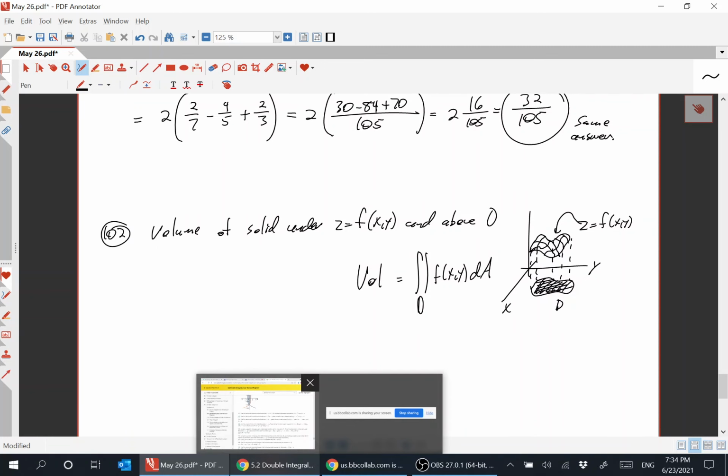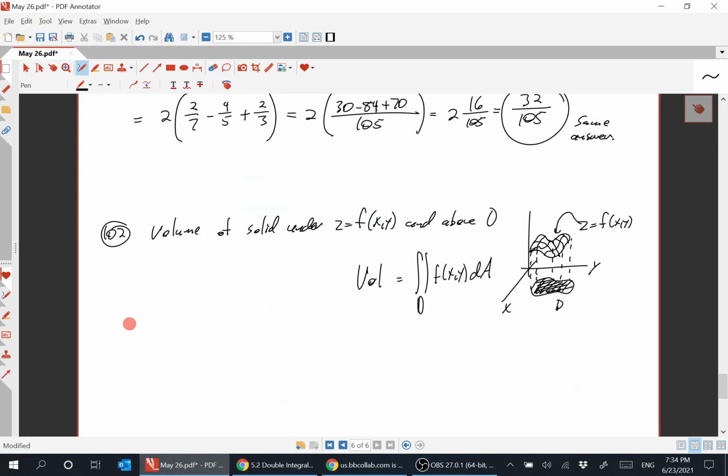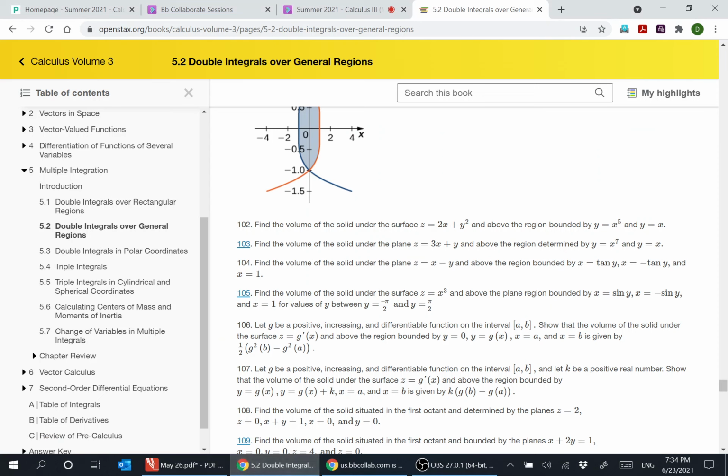So let's look at what we've got here. We have the surface z equals 2x plus y squared. So in this problem, z equals 2x plus y squared, and D is the region bounded by y equals x to the fifth and y equals x.